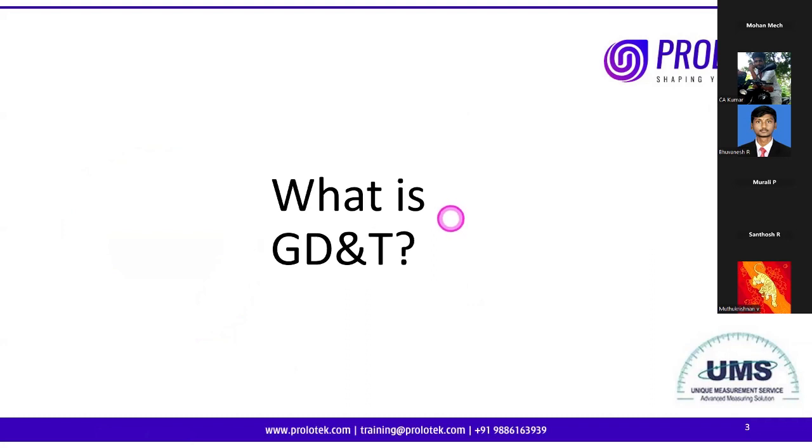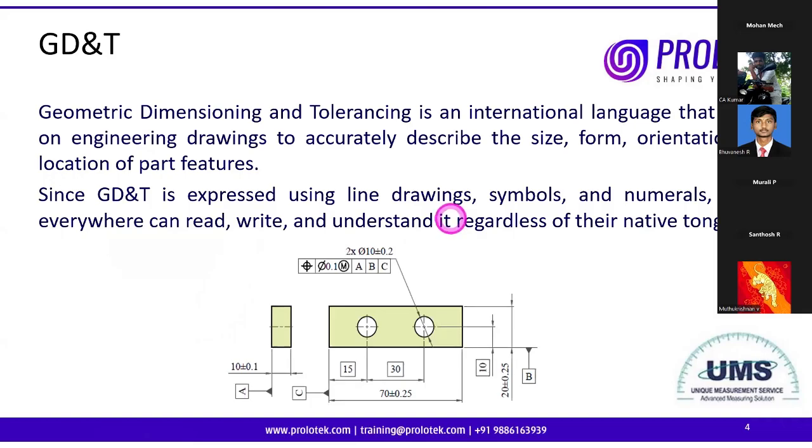So what is GD&T? People attending today would definitely have attended the previous three sessions, so you would know what GD&T is. According to me, GD&T is an international language in which we describe three important aspects: size, form, orientation, and location of a part feature.